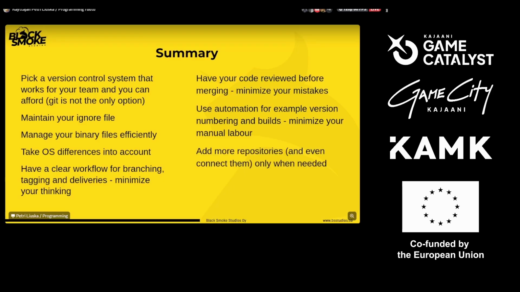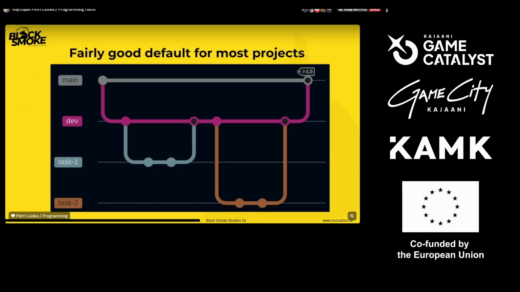You can add more repositories, but only when you actually need them, because they always add a little bit of burden. And I'd say that this is a fairly good default for most projects. This kind of setup, having main, having dev, and task branches. And that is a solid template for most projects.